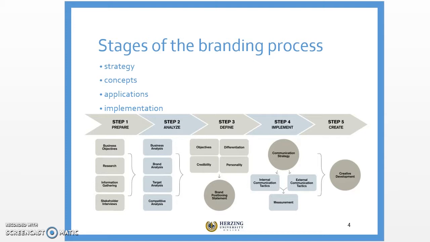As you move on to step 4, which is implement, this is where your communication strategies come into play. You start to figure out all the things that are needed: advertisements, logos, other types of graphics, things like that. Once that has all been figured out, then you can move on to the create stage, which is basically doing the fun work of getting into Photoshop or Illustrator and actually sitting down and making those branding graphics.